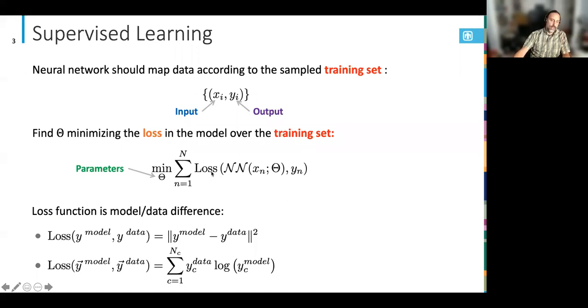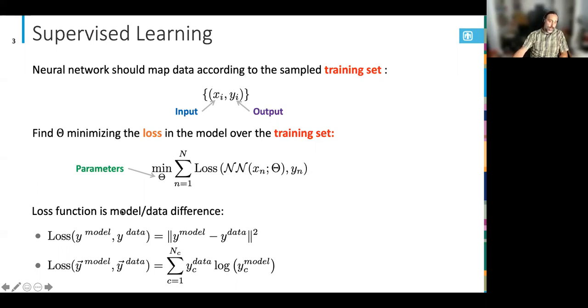I've defined the loss here in a pointwise fashion over the data set, so that it's trying to minimize the difference between the neural network prediction and the observation. If we can find those parameters that minimize this, we say that we have trained this model, and we've learned whatever predictions are implied by the training data.